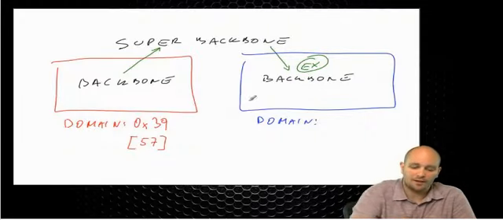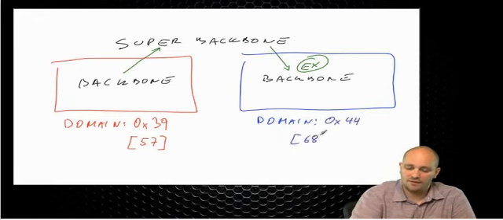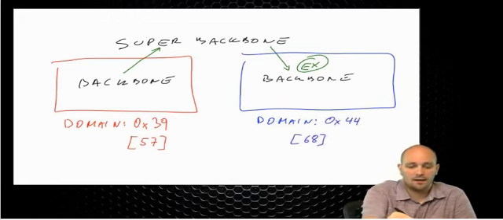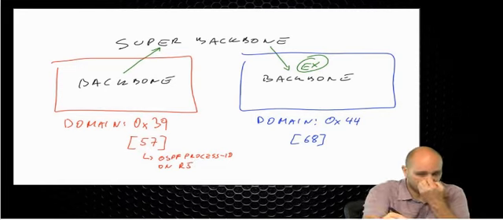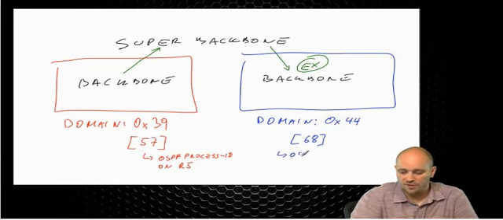So my blue domain here has the value of 0x44, which incidentally is value 68. In other words, this was the OSPF process ID on R5, and this one here was the OSPF process ID on R6.